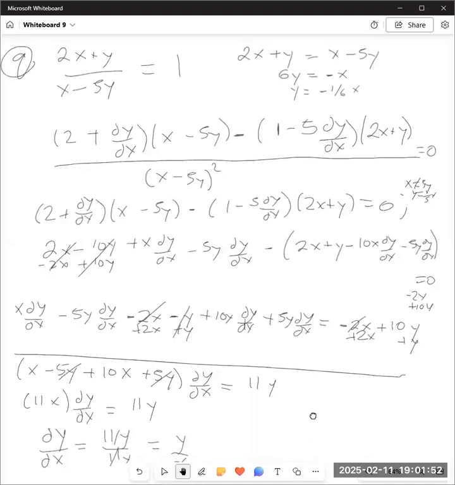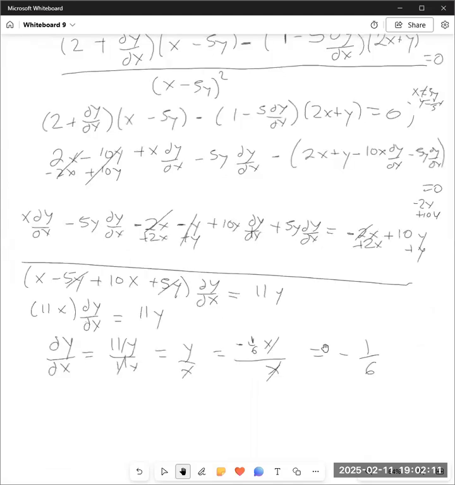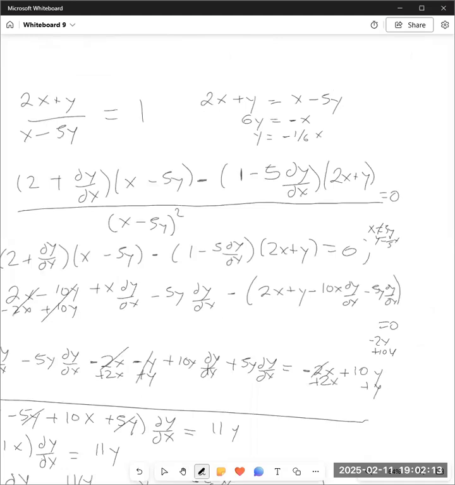And if that's the case, then negative 1/6 x divided by x will become a negative 1/6. And I could have solved for this explicitly, like I showed you all the way up here, that this would have been very easy to find. dy/dx was negative 1/6.